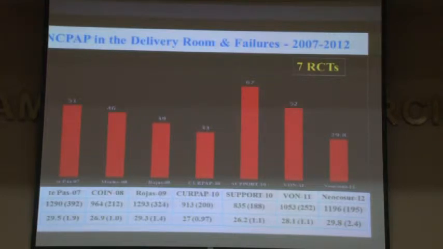You can see in every part of the world, babies that were initially started on CPAP failed CPAP sometime during their NICU stay and got intubated. That ranges from 1/3 to 2/3 of the babies. The smaller the baby, the higher the failure rate. That is one of the reasons why they did not demonstrate a decrease in bronchopulmonary dysplasia.